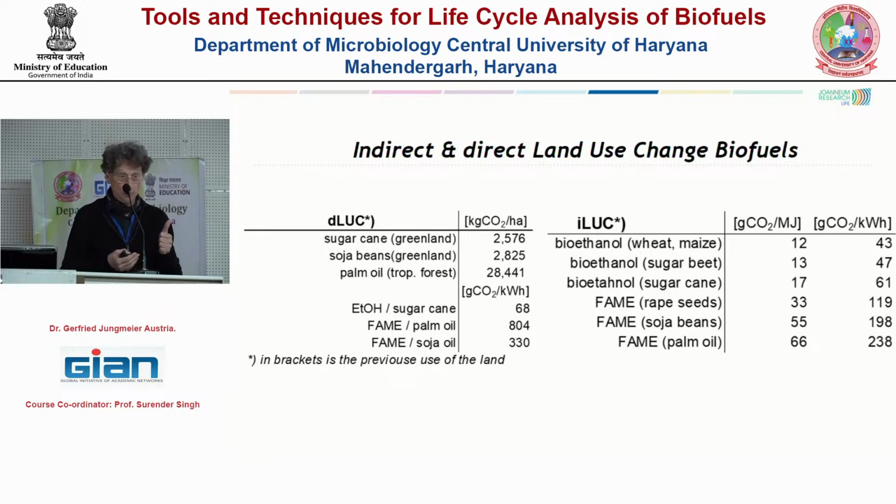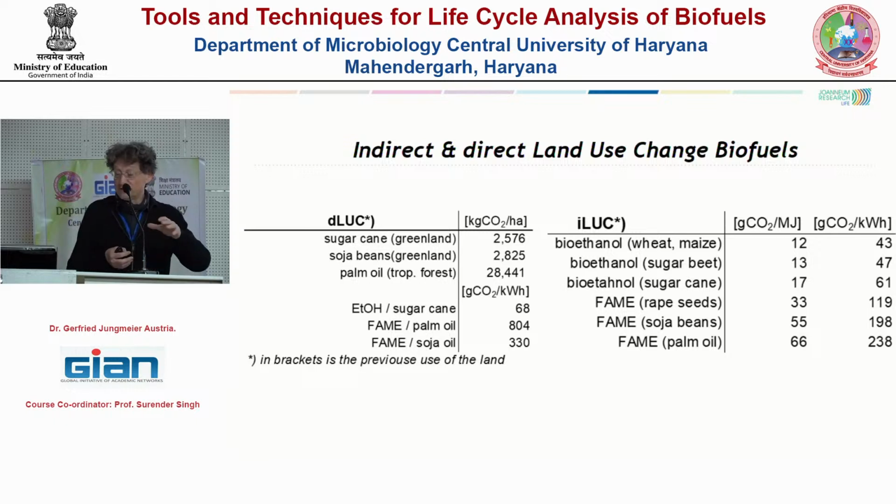It's only happening once, when you convert it. It's extremely high if you convert tropical forest to a palm oil plantation. This is roughly 30 tons per hectare. You're really losing carbon because in tropical forest you have so much carbon stored.